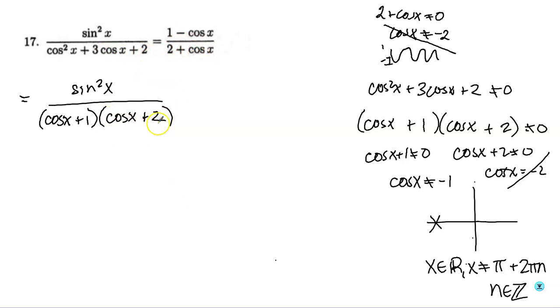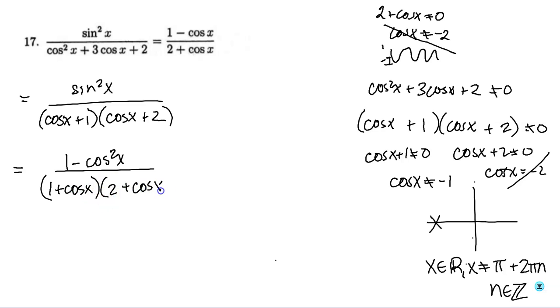So that guy I'm going to keep where it is, which means I need to get the rest of this to change. Well, if I need to cancel out a cos x plus 1, then maybe there's a way to get the top to look like some version of cos. And there is. That's an identity, right? 1 minus cos squared. And you can either leave this the way it is, or you could reorder this if you want. It doesn't matter.